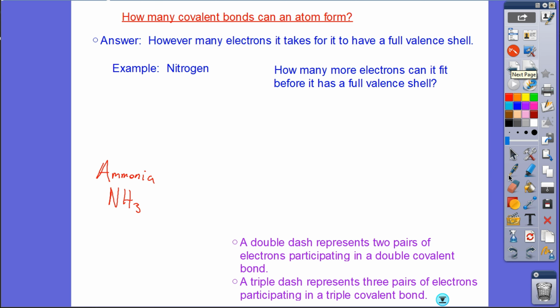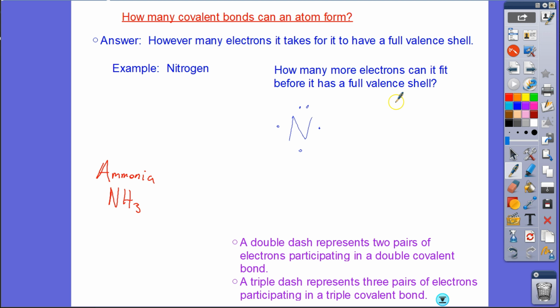So, how many covalent bonds can an atom form? Well, it depends on how many electrons it takes for that atom to have a full valence shell. So if we look at nitrogen, which was in group 15, that means it has 5 valence electrons. You don't really need to draw the dot diagram, but let's do it. 1, 2, 3, 4, 5. How many more can it fit before it has a full valence shell?